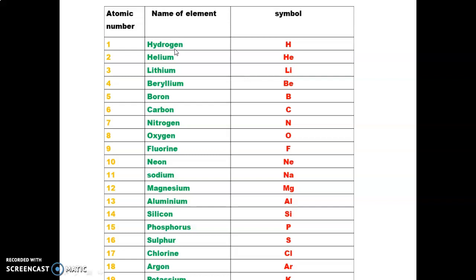Here you just remember the first 20 elements, but you have to remember all elements, their atomic numbers and their symbols. Some you have studied in lower classes. Atomic number 1, hydrogen, H. 2, helium, He, capital H, small e.